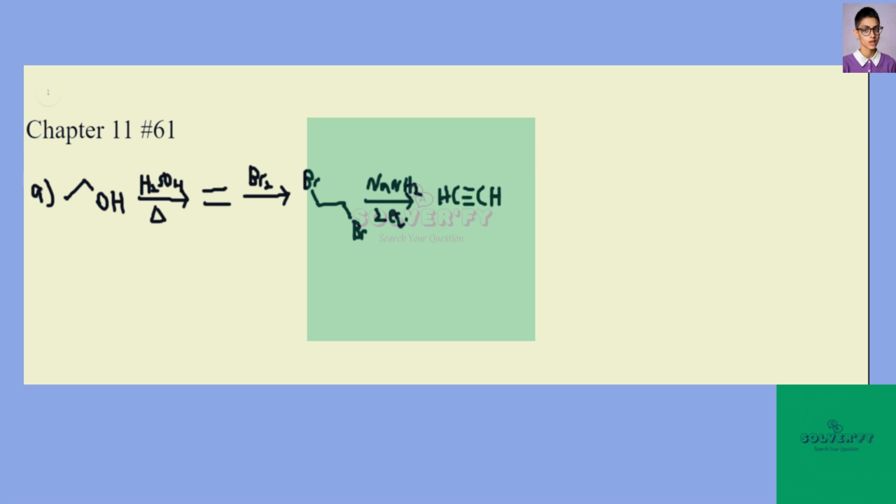Okay, and so now from the alkyne, we can start building the rest of this molecule, building the carbon chain. And so we can deprotonate with sodium hydride to get the acetylide ion.